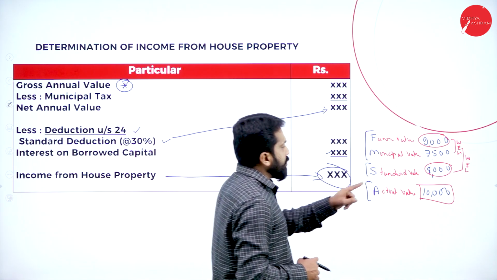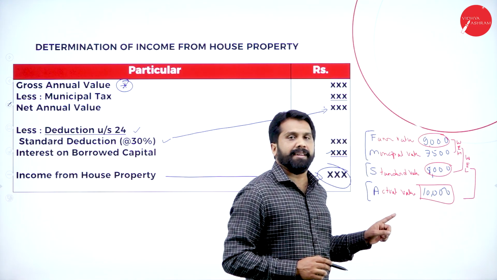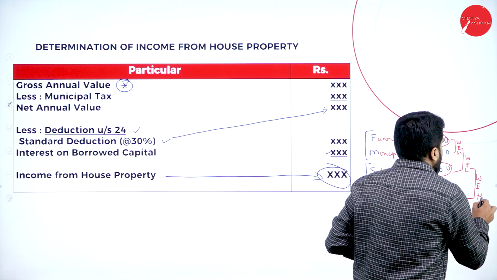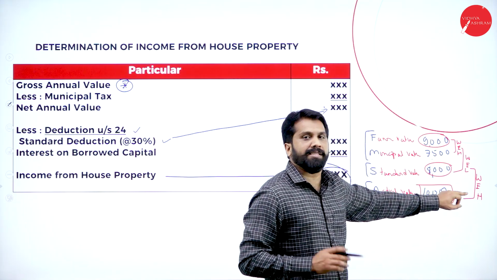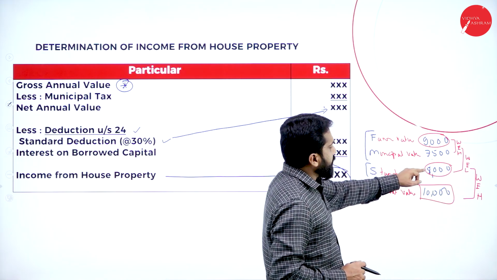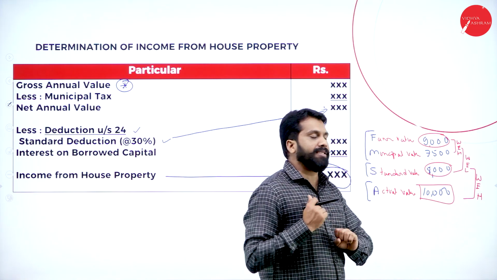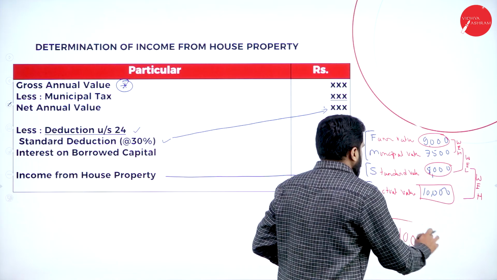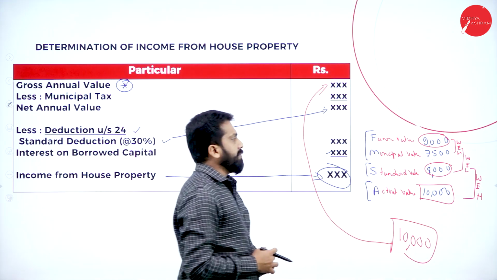Now, your answer and your actual rent, whichever is high. Your 8,000 or 10,000, whichever is high, 10,000 is high. So your answer is 10,000. So this will be your gross annual value.